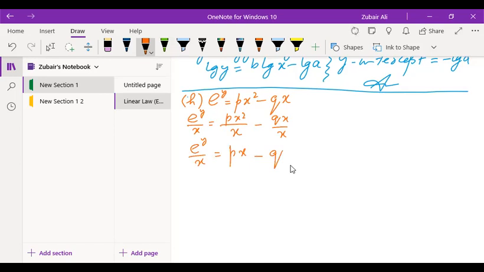Okay, so now what should be plotted against which value?